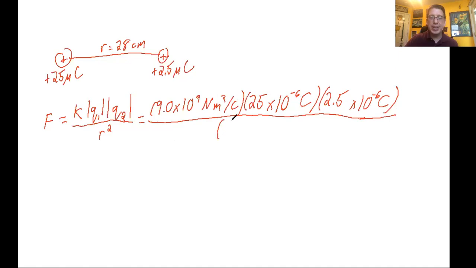So 28 centimeters becomes 0.28 meters, dividing 28 by 100. And don't forget, you're squaring that. If you put all these numbers in their SI units, the answer will be in newtons, which is what you want. So you pull out a calculator and do the math.